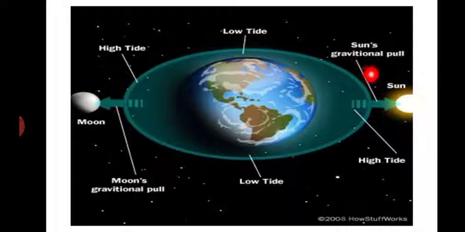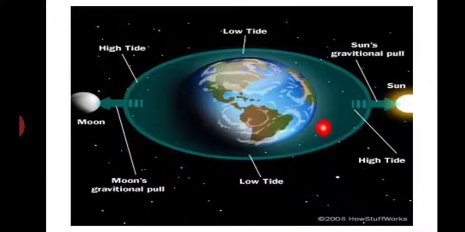When the moon is between the earth and sun, it is due to the sun's gravitational pull. When the moon is away from the sun, then due to the sun's gravitational pull, this causes the high tide. When the moon is in between earth and sun, due to the moon's gravitational pull, it causes the high tide.